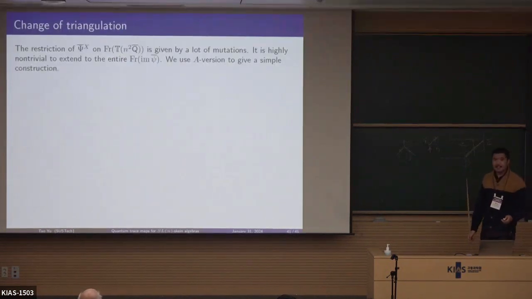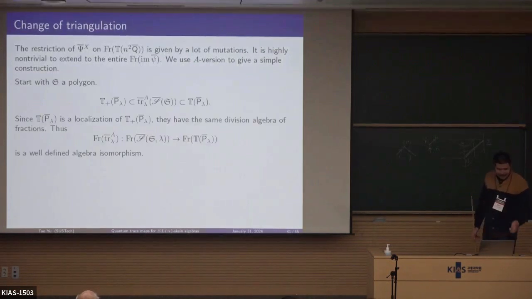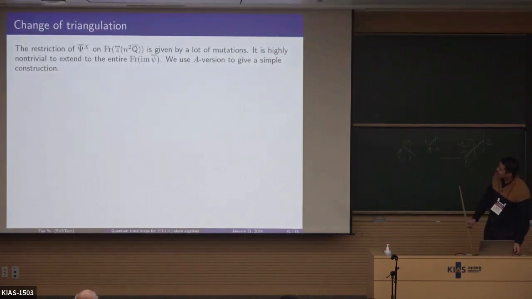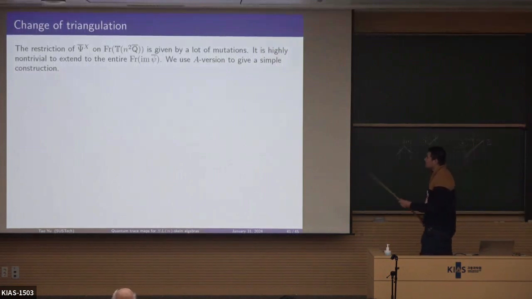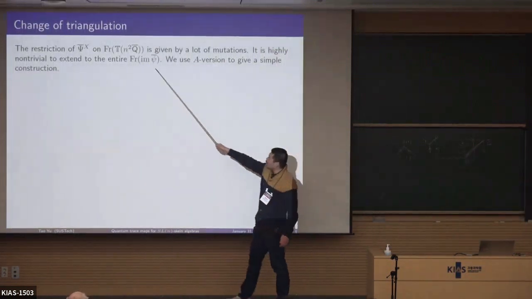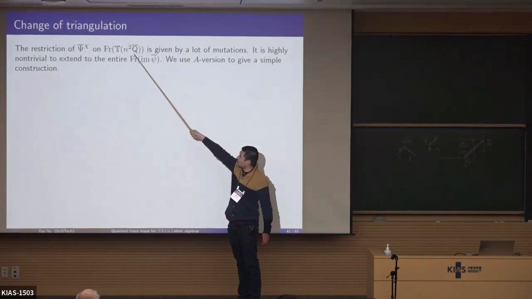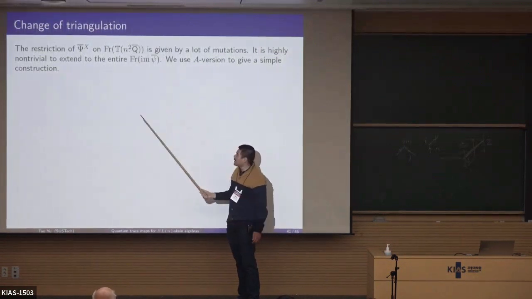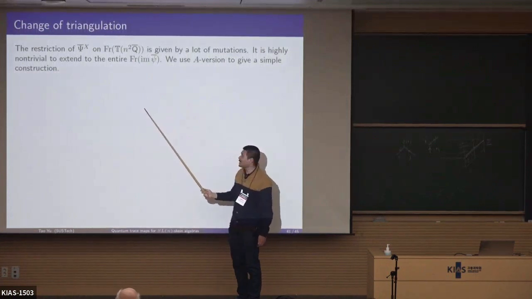Okay, I do want to show you one example of why we want 2 different versions, and it's to define the triangulation changes that I showed you. Of course, we do know what happens to different triangulations in the Fock-Goncharov algebra. Remember, I said this is going to come back to haunt us.